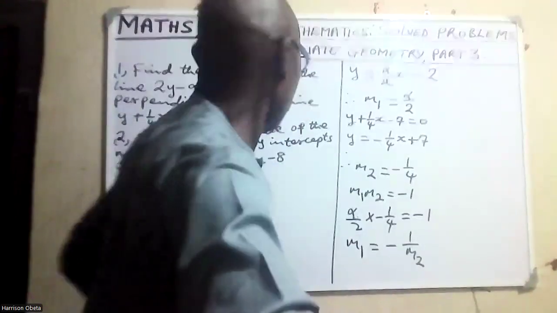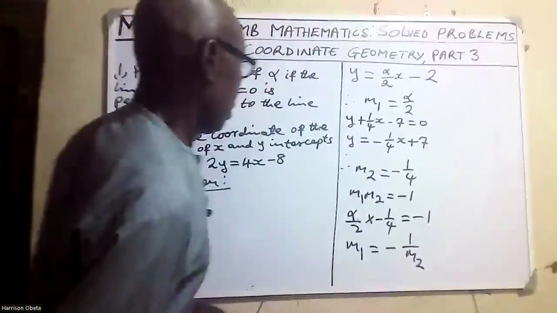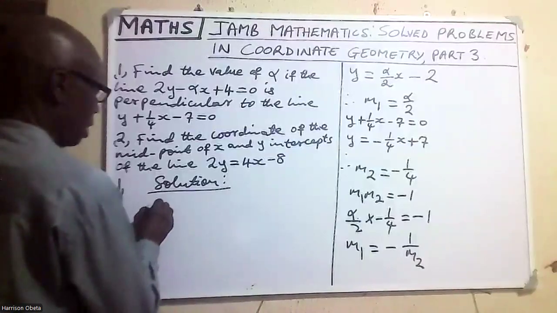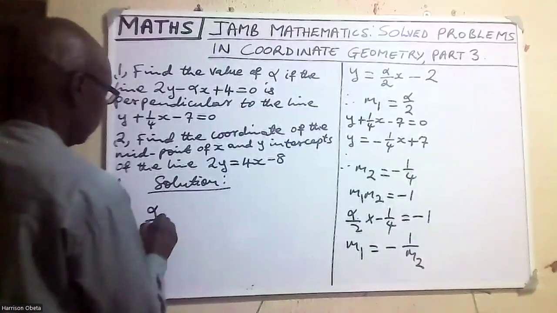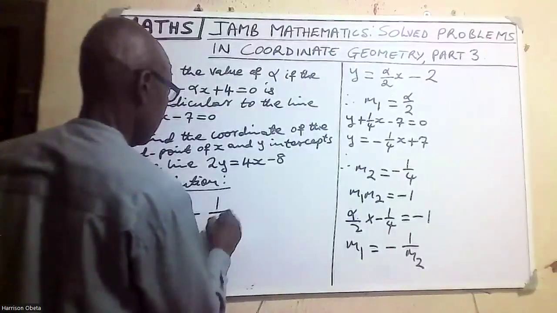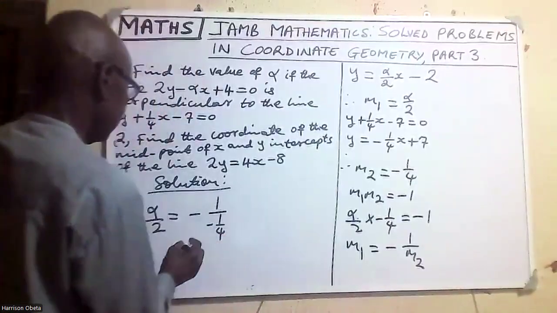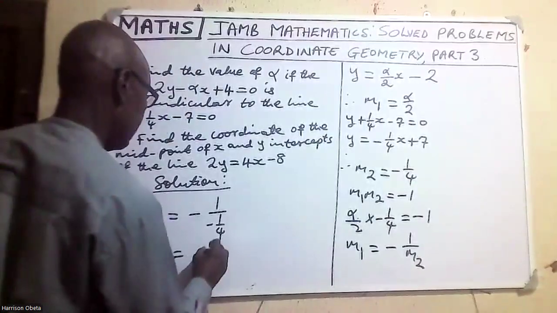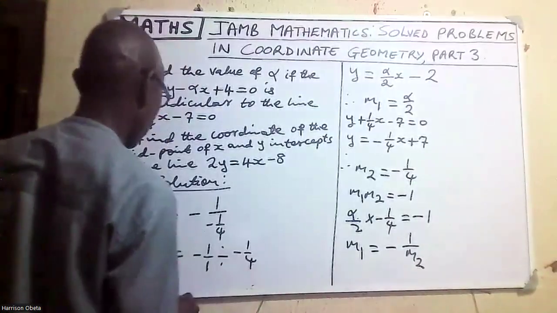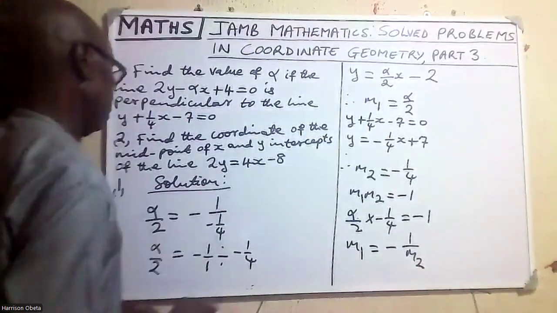So coming back, we have alpha over 2 is the same thing as minus 1 over 4, and that is the same thing as minus 1 over 1 divided by minus 1 over 4. That is alpha over 2.